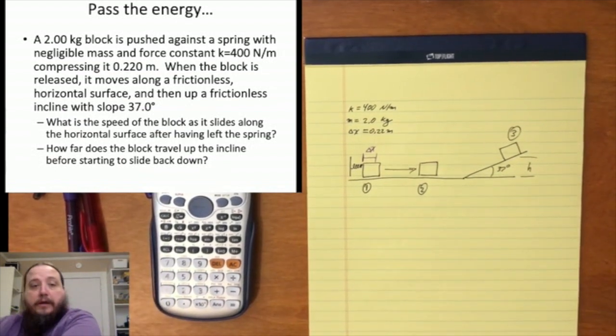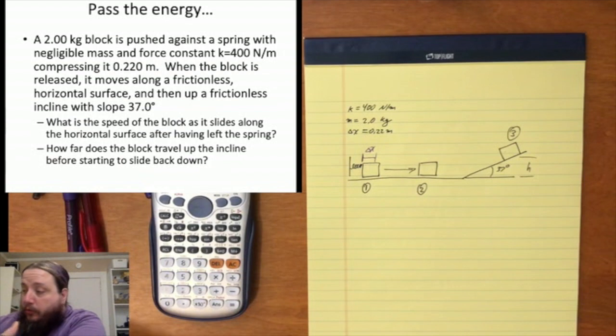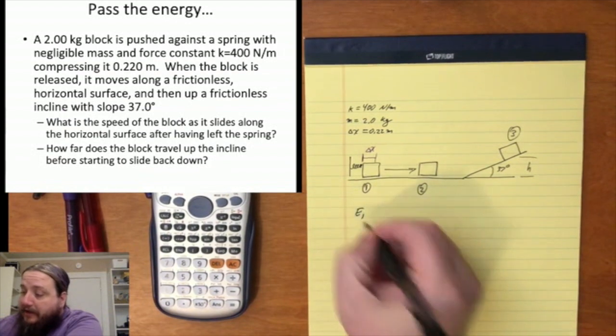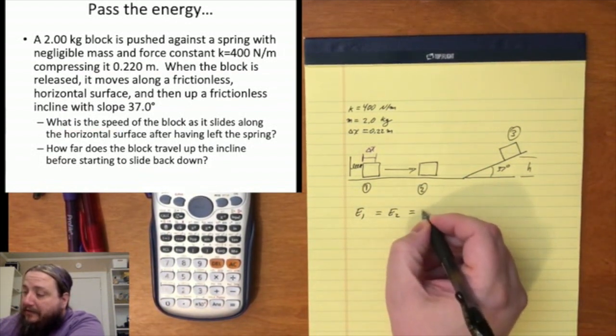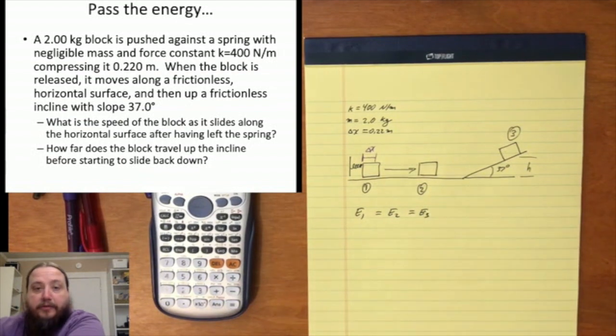All right, so to approach this problem from an energy standpoint, what we would say is the energy at moment 1 equals the energy at moment 2, and it's equal to the energy at moment 3. The same amount of total mechanical energy would be present in each of these times.